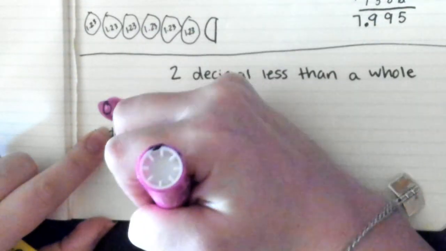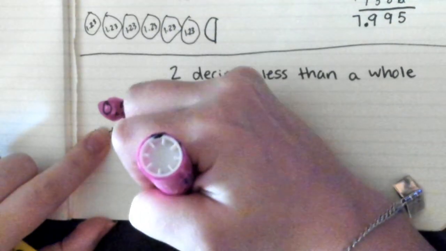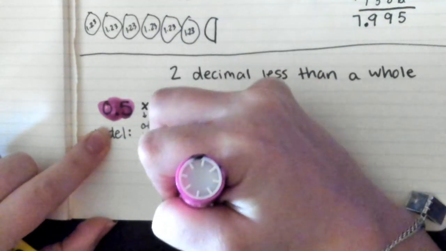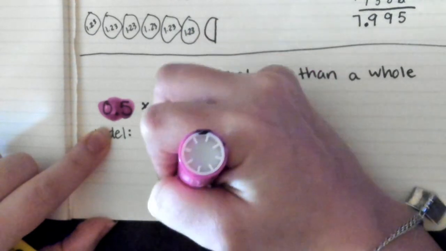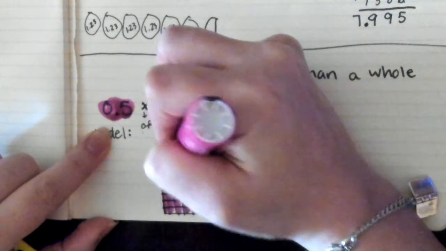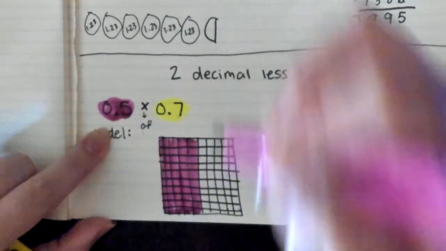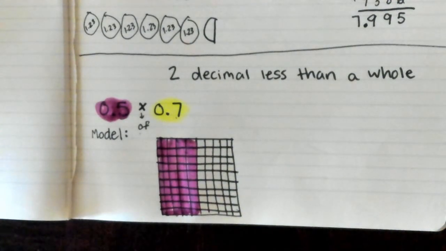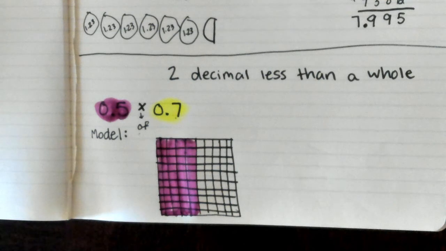So here is what 5/10 looks like on my grid. Everybody with me so far? That's what 5/10 is, right? It's half of the grid.